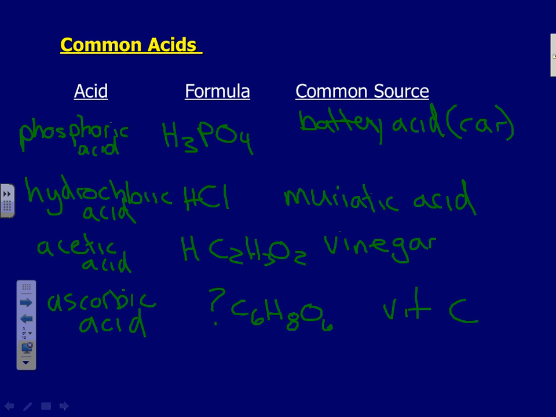Look up citric acid. That's not vitamin C. Citric acid. Where do we find citric acid? Yeah, citrus fruits, right? Citrus fruits. Got to say it that way or you'll spell it wrong.